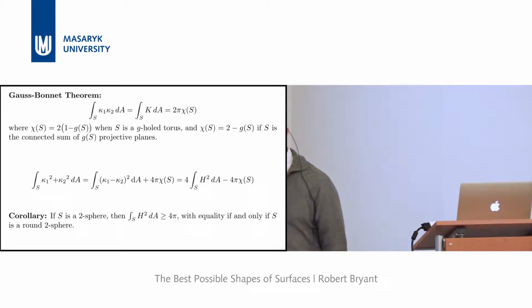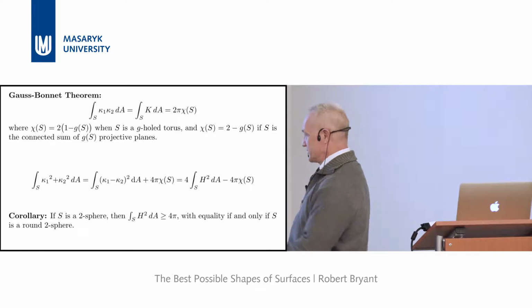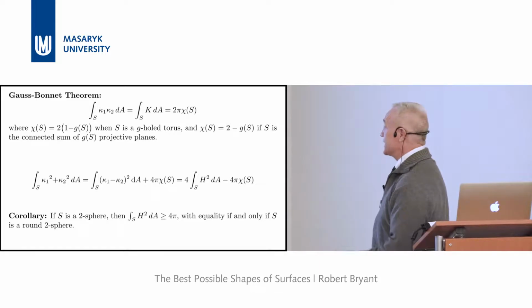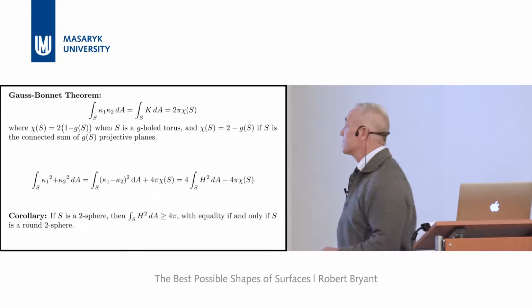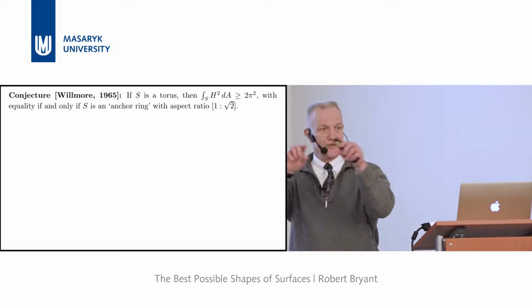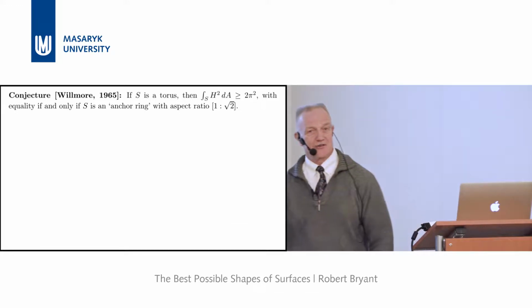So the natural thing to ask is, what happens next? The next simplest surface is the torus, and that is the donut that I drew earlier.